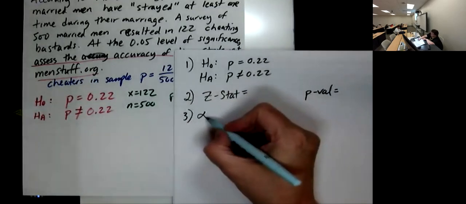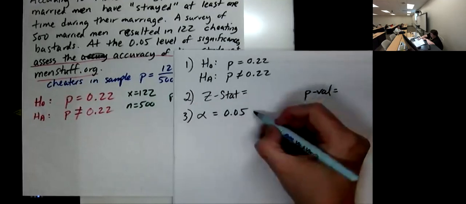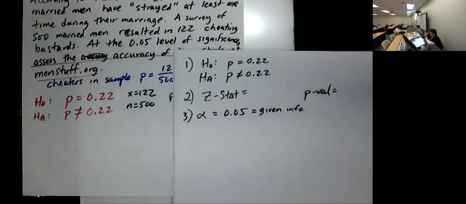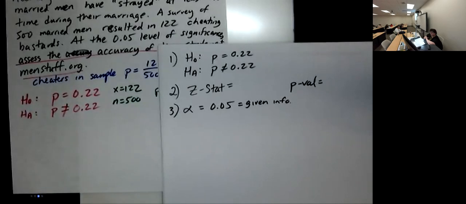They did tell me what alpha is. Alpha equals 0.05, and it was given info. It's not just the default, it's the given as well. I can't do step 4, which means I can't do step 5 until I do step 2. So when everyone's done writing, we will go over and do step 2.